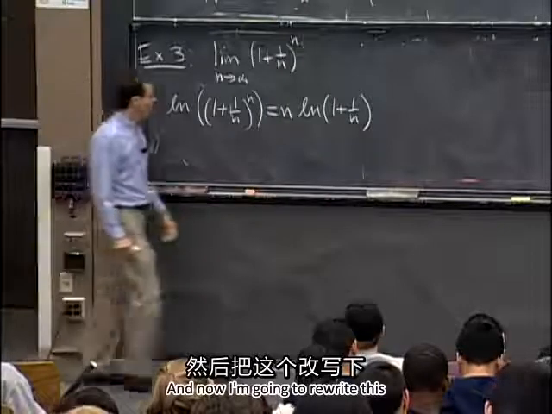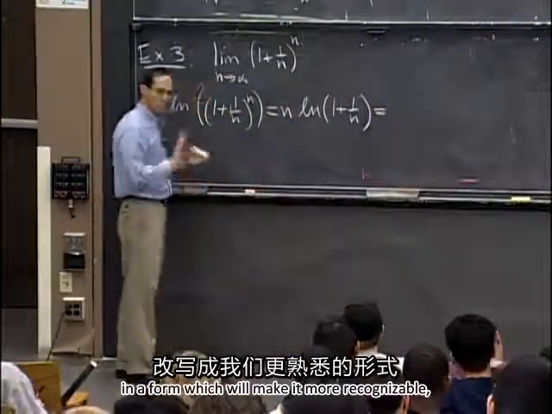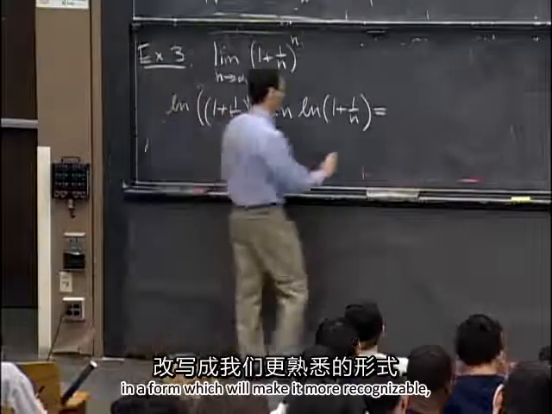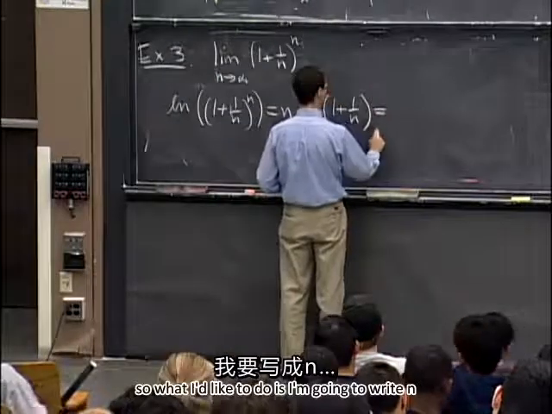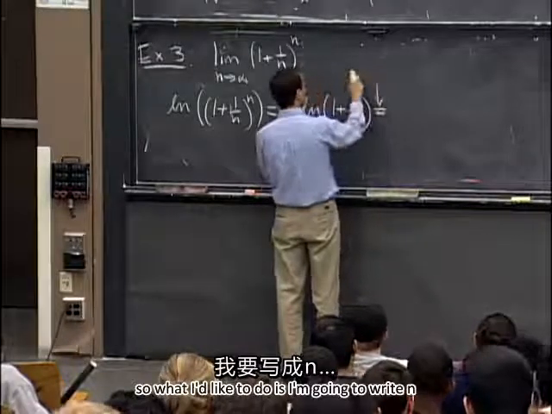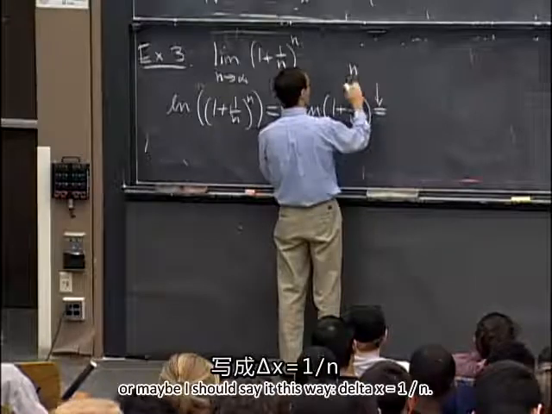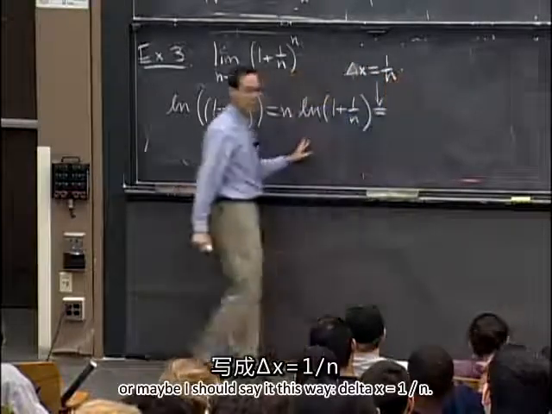And now I'm going to rewrite this in a form which will make it more recognizable. I'm going to say delta x is equal to 1 over n. All right?